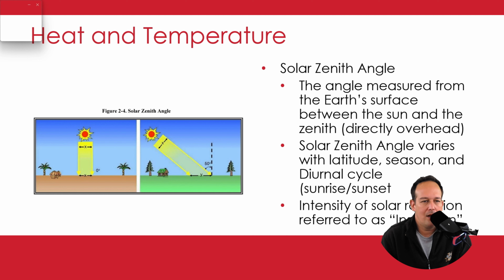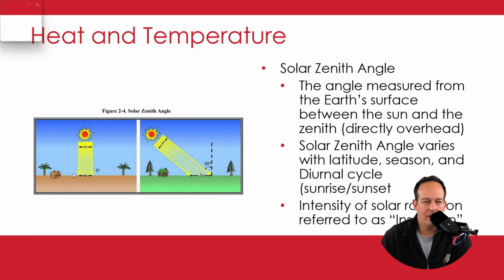Okay, when we're talking about solar radiation, it really matters on the season, the time of day, and our latitude as to how much heat we have as a result of the solar radiation. So on this picture on the left and the picture on the right, we have what's called the solar zenith angle. And the solar zenith angle is the angle at which we're receiving solar radiation.